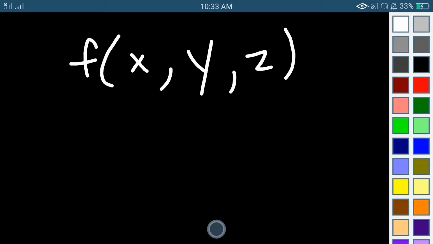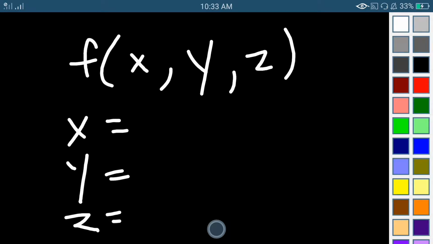So the multivariable chain rule looks something like this. Assume that the function f is a function of three inputs or three parameters, x, y, and z, and all x, y, and z are functions of t.